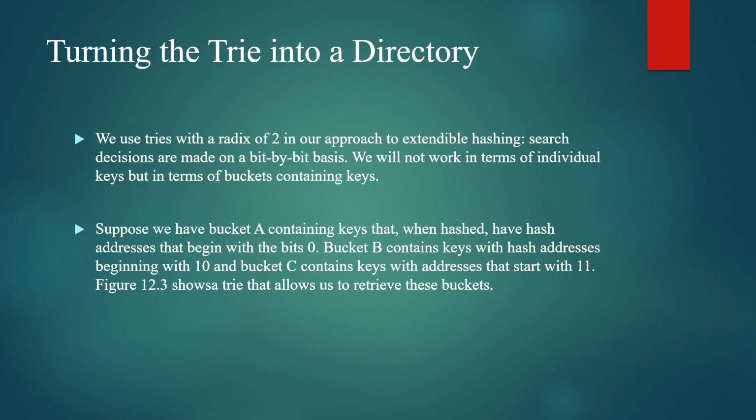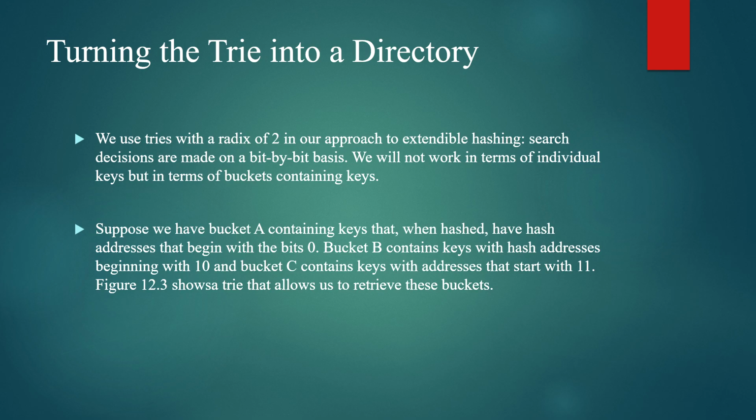Turning the trie into a directory, we use tries with a radix of 2 in our approach to extendable hashing. Such decisions are made on a bit by bit basis. We will not work in terms of individual keys, but in terms of buckets containing keys.